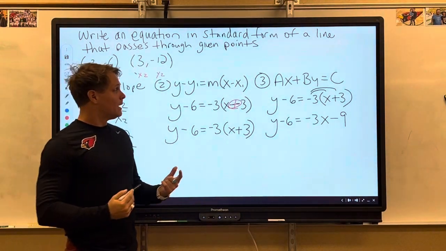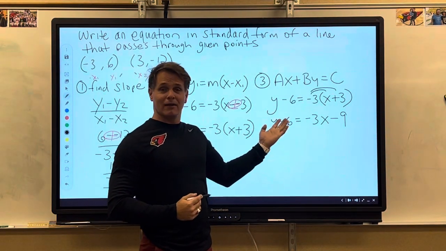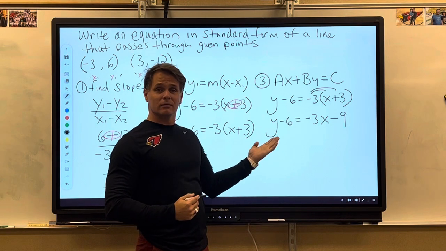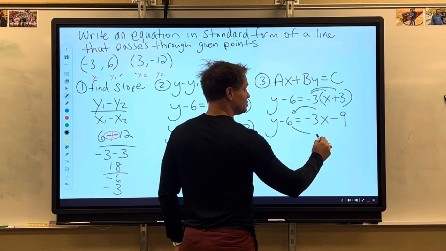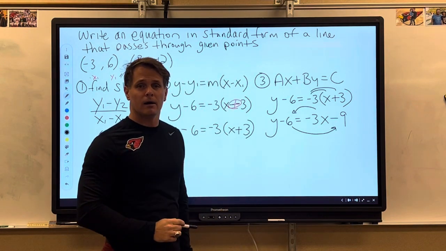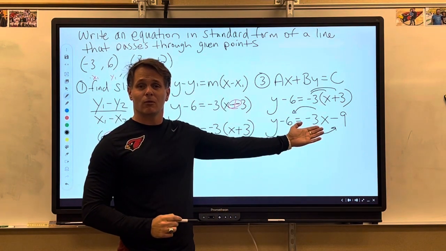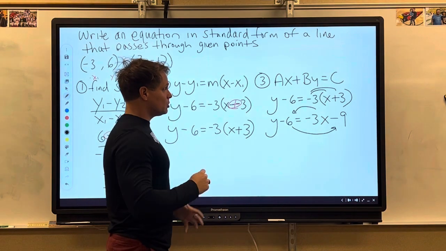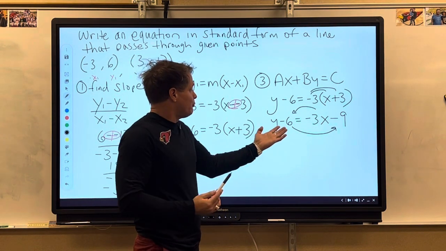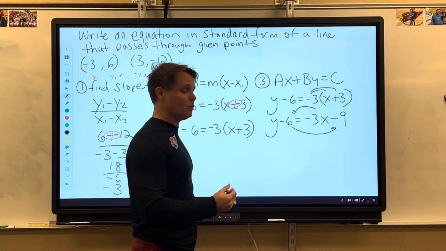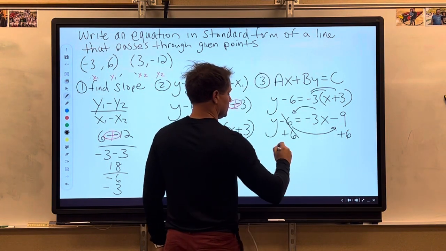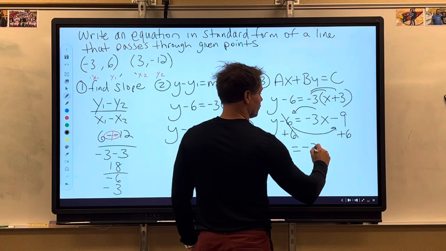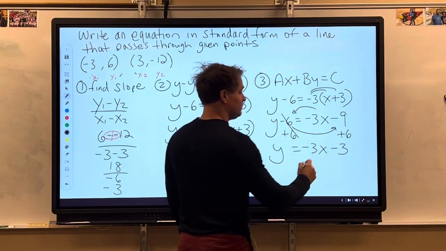And again, I want to get the x on the left-hand side, and I also want to get the -6 over on the right, because the number has to be on the right by itself. It doesn't matter what I do first. I'm going to add 6 to both sides. So I got y equals -3x minus 3.